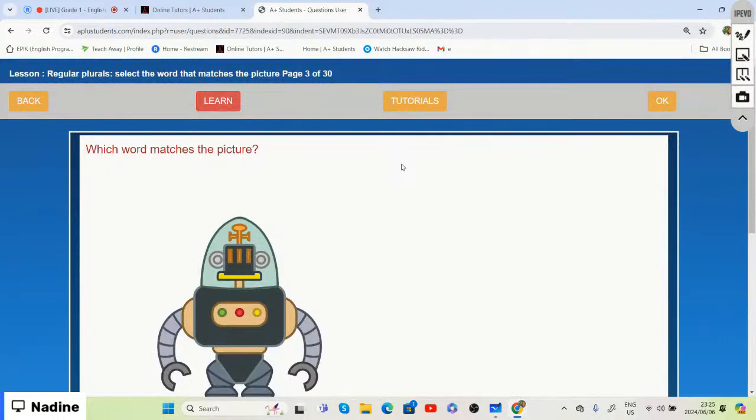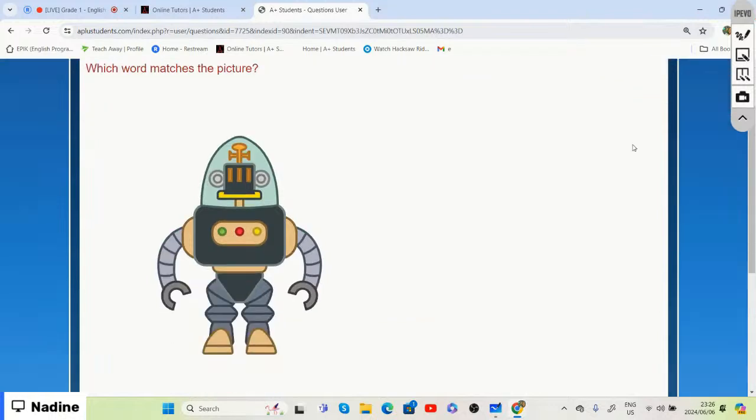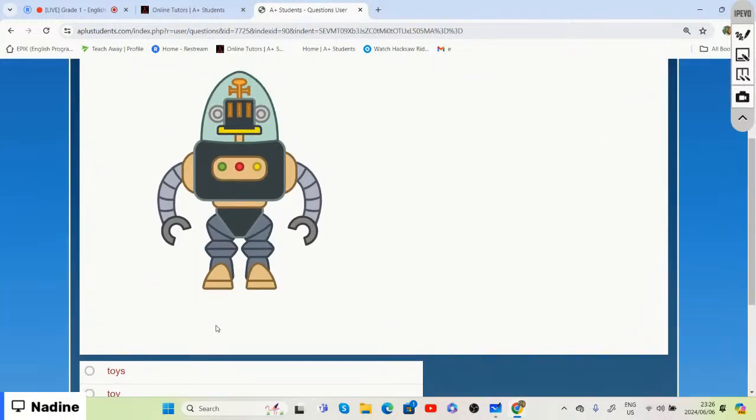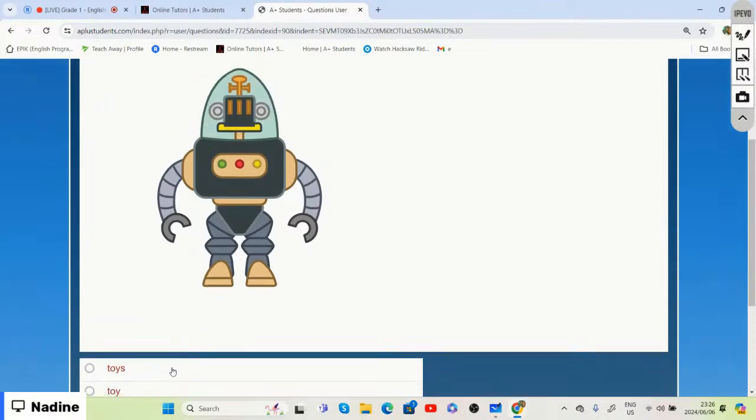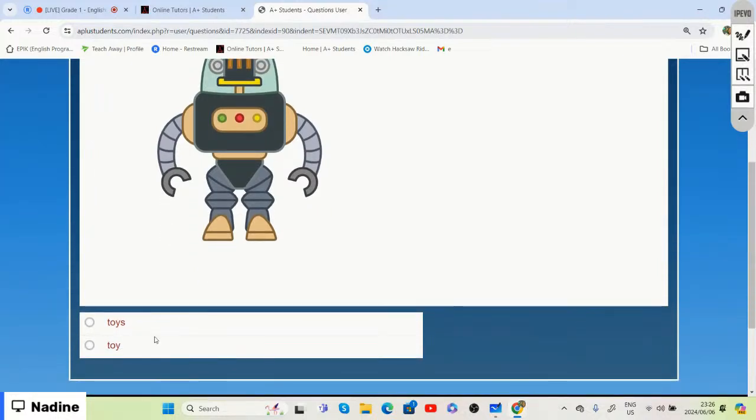Now we need to say which word matches the picture. If we look at this picture, do we have toys or do we have toy? Do we have one toy or do we have toys? Yes, bags is correct.